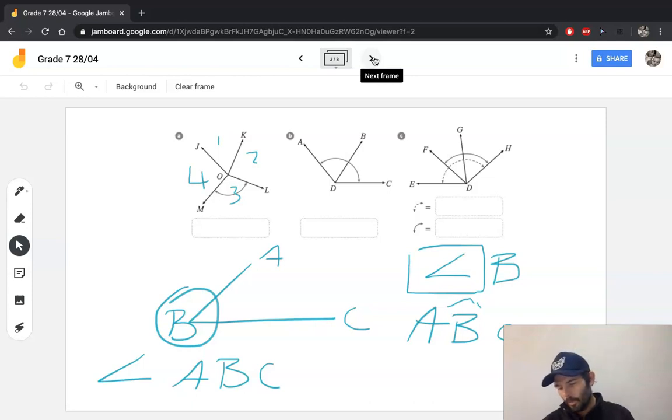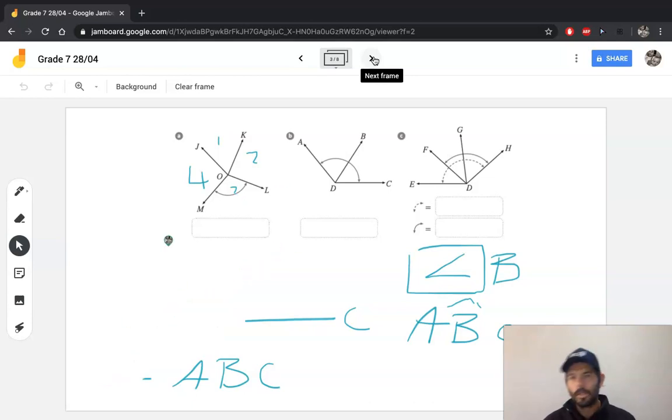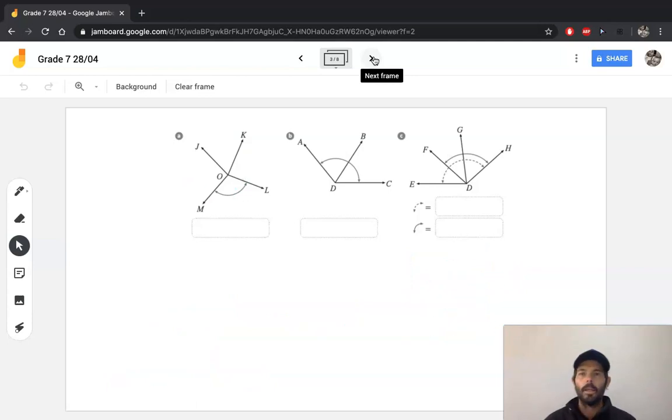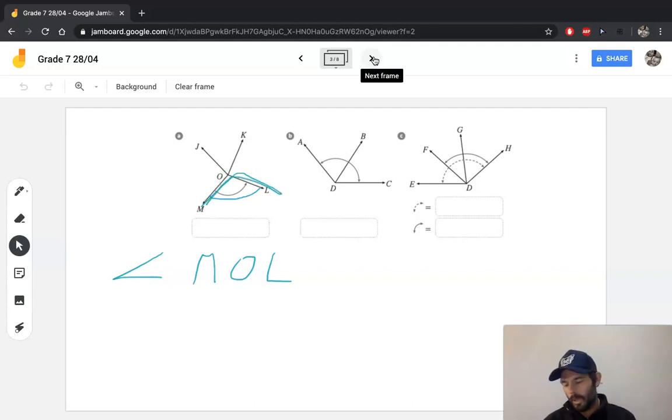So for question A, you need to label the marked angle. You can see this is the marked angle here. It's indicated by the arrows. So how do I label that? You can either say the abbreviation for angle and then MOL, or you could have said LOM.